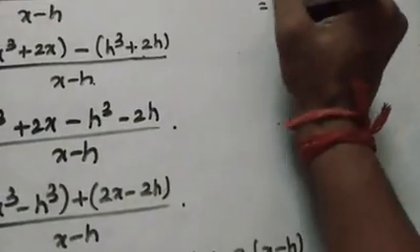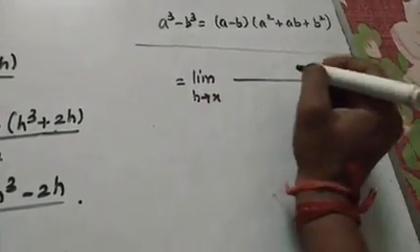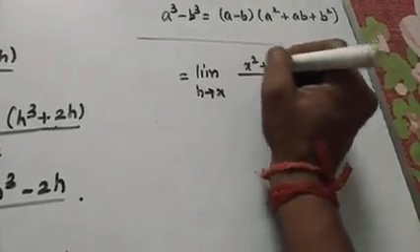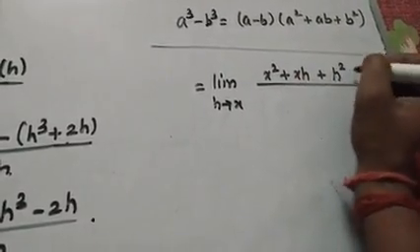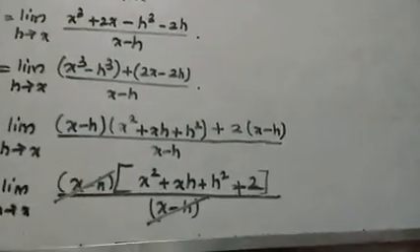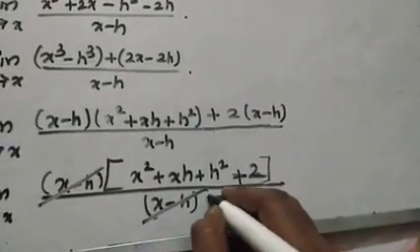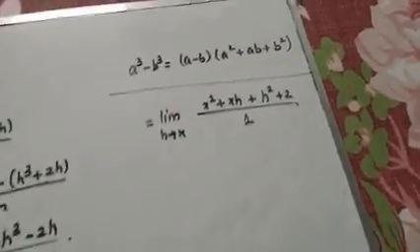So after that, limit h tends to x, x square plus xh plus h square plus 2, divided by 1. After that term, if you cancel it, here will remain 1. Okay, so we are going to write here 1.